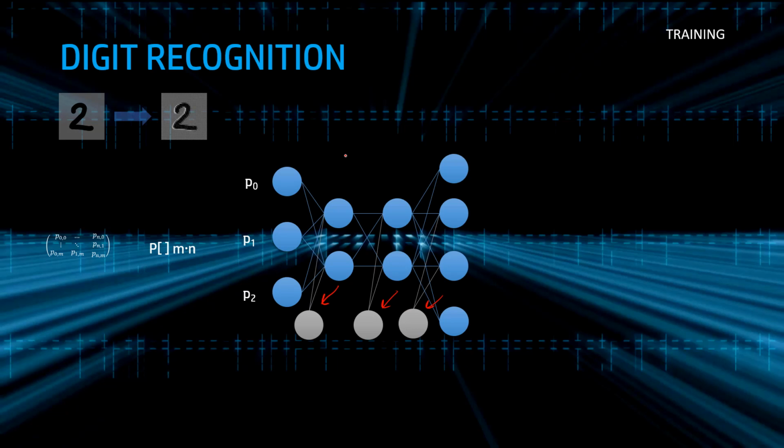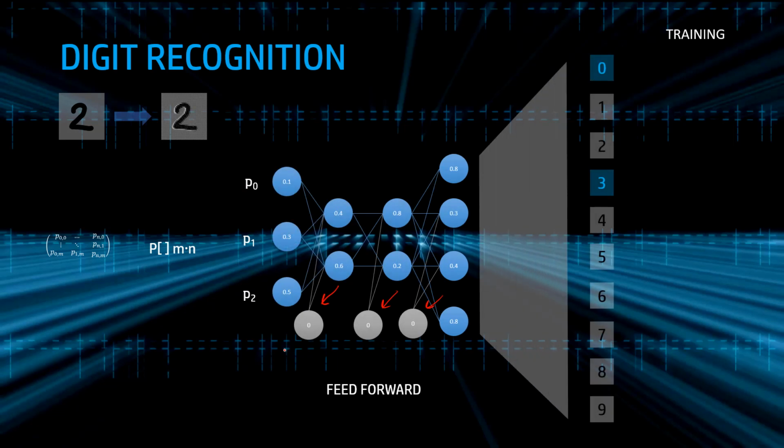So how will we update the network? We'll do the feed forward, okay? We'll have the input values. In this case, they will be from 0 to 1, depending on the grayscale, because we have images of 28 by 28. This image will be only white and black.